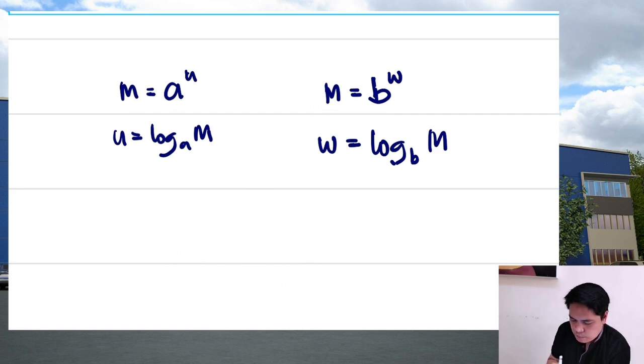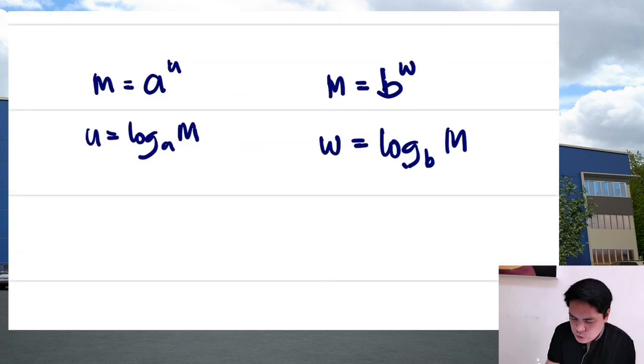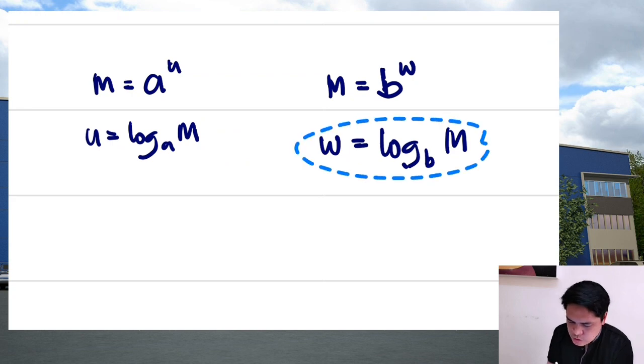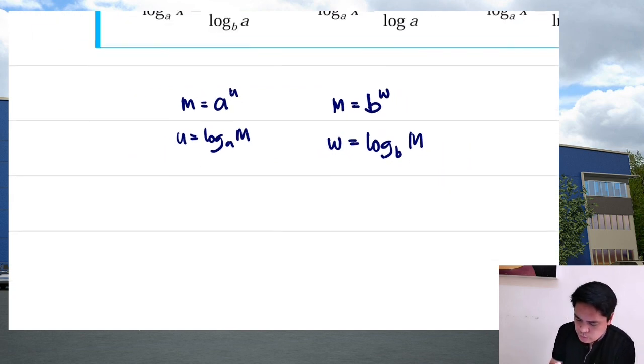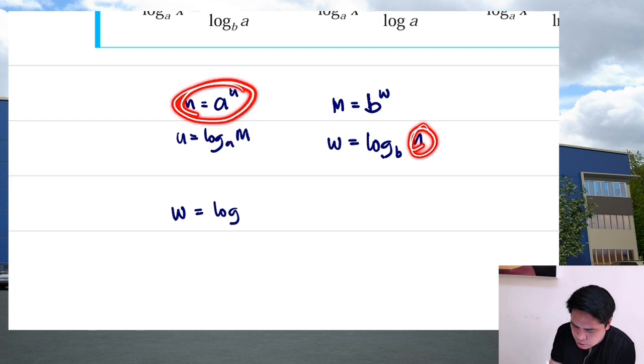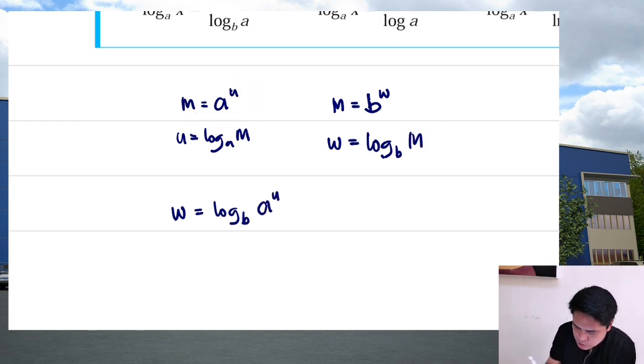That is what I want to illustrate here. Now, let us take a look at this. So, w is equal to the logarithm of m. What is m? This is m: a raised to u, to the base b.